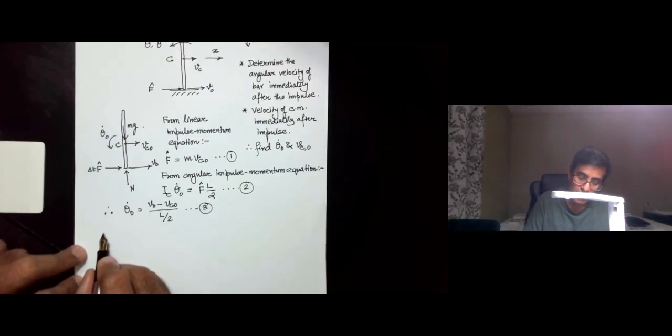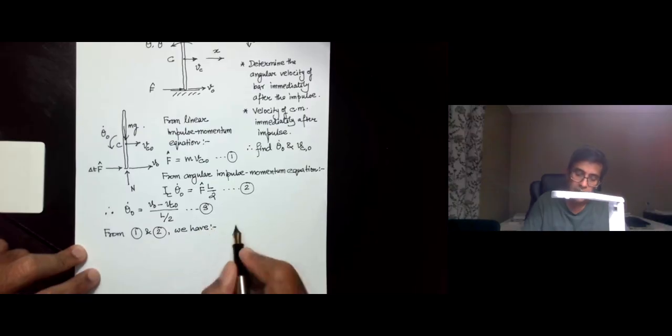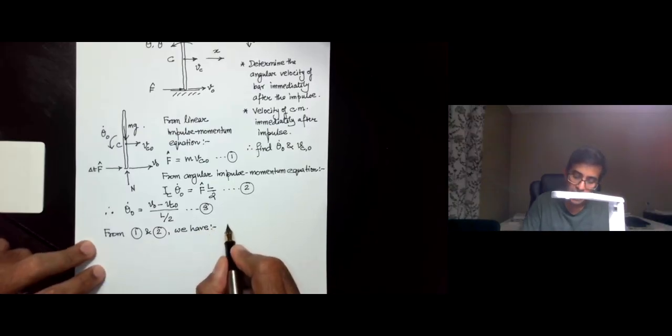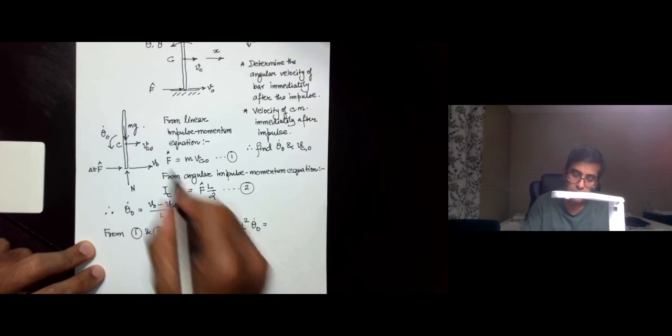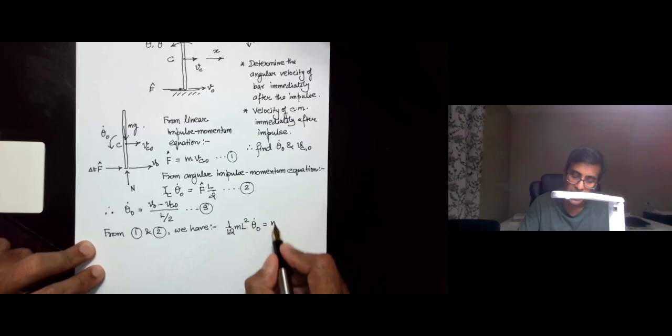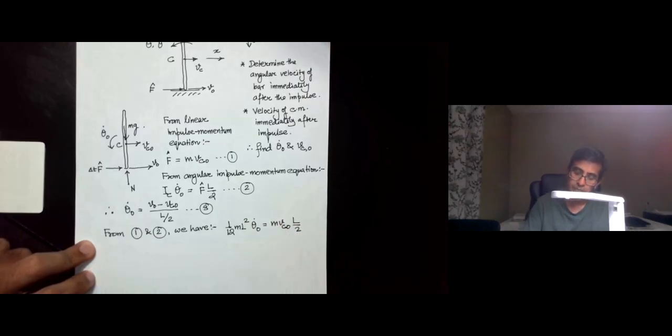So from 1 and 2, we have IC is 1/12 ml squared, theta dot naught is equal to, now f hat is equal to m vc naught times L over 2, right?